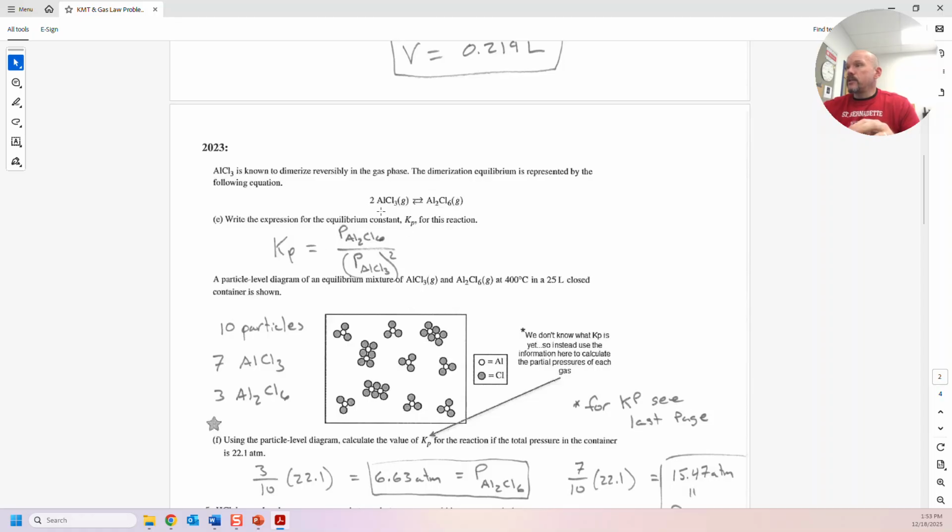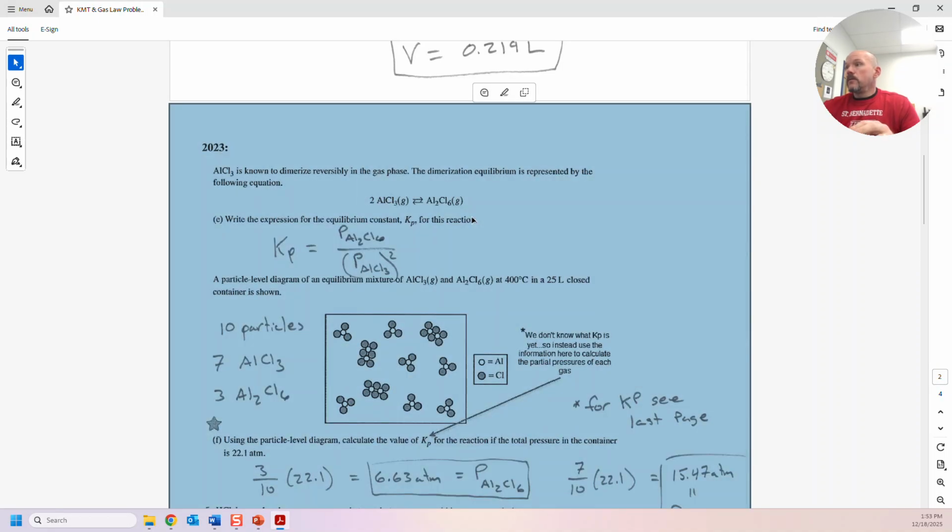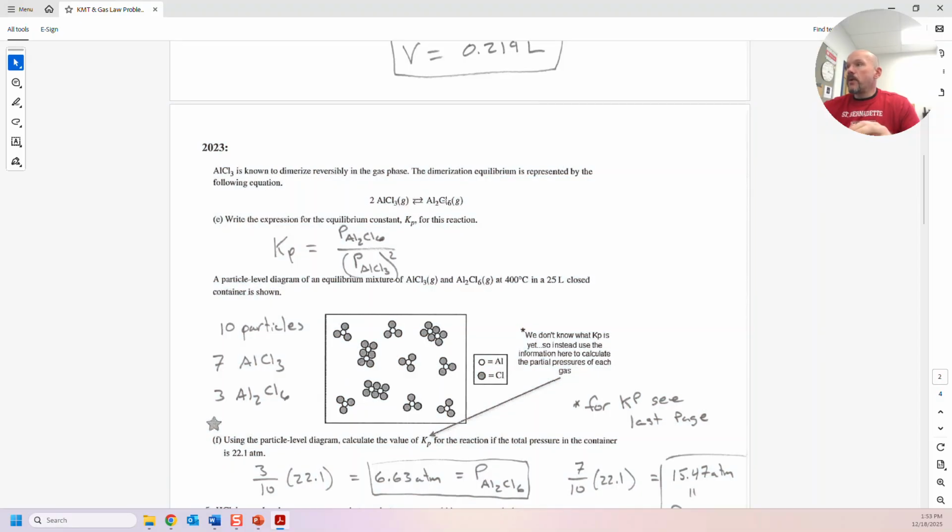The KP expression for this reaction would be the partial pressure of this gas, P subscript Al2Cl6, divided by the partial pressure of this gas squared. The reason you're going to square it is because its coefficient is 2. So it'd be Kp equals the partial pressure of this raised to the first power, because it has a coefficient of 1, divided by the partial pressure of this gas squared.